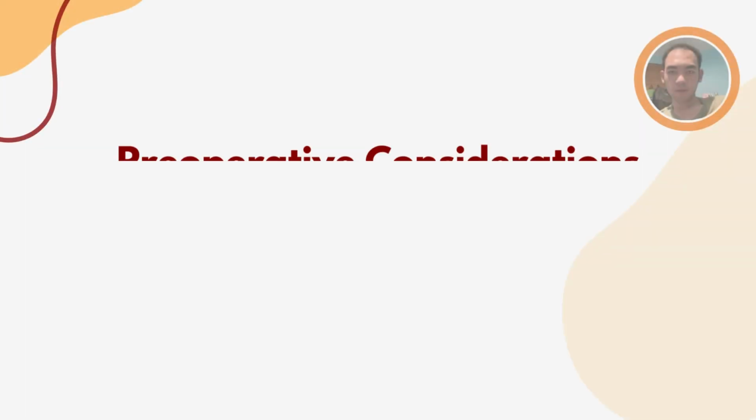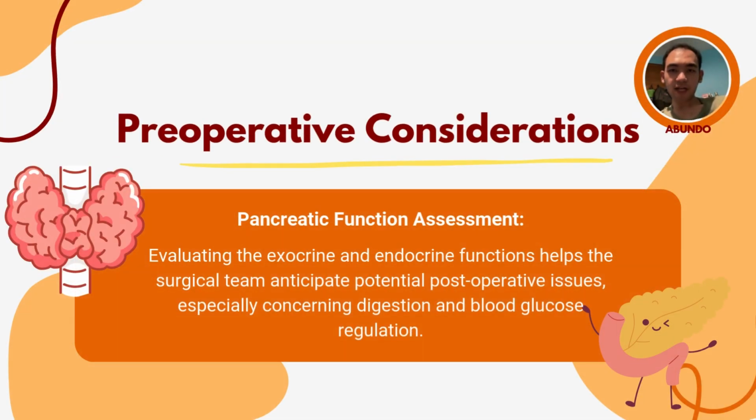The second one is pancreatic function assessment. Both exocrine and endocrine functions of the pancreas must be evaluated preoperatively. Chronic pancreatitis often leads to decreased production of digestive enzymes, which is exocrine insufficiency, and impaired insulin secretion, which is endocrine dysfunction, which can result in malabsorption, weight loss, and diabetes mellitus.